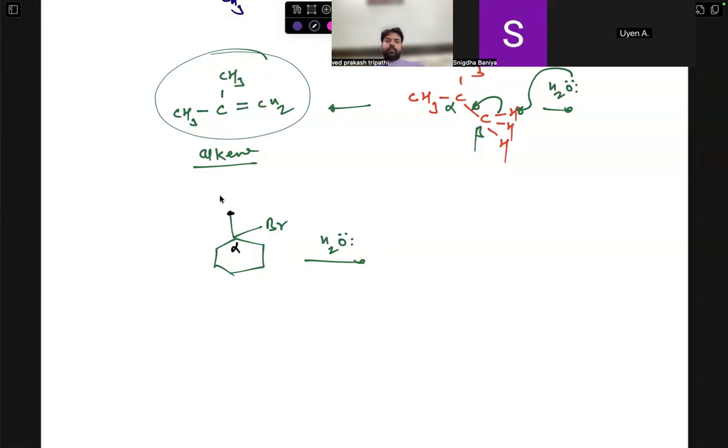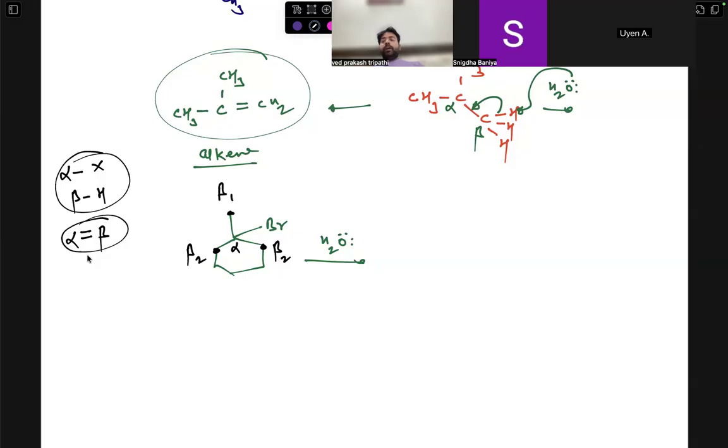So this is beta 1. This beta 2 and this beta 2 are identical in nature. So we can say beta 2, beta 2. I said that it is an elimination of alpha halogen and beta hydrogen. It means we can fix a double bond between alpha and beta. The double bond would be between alpha and beta.